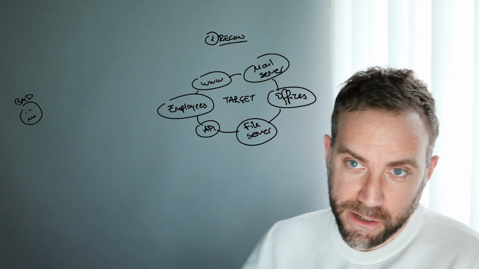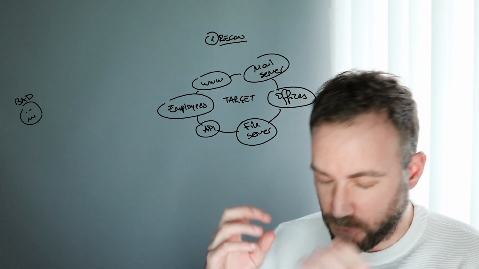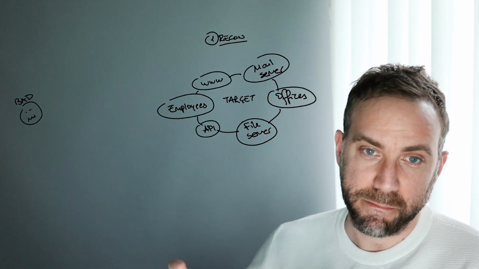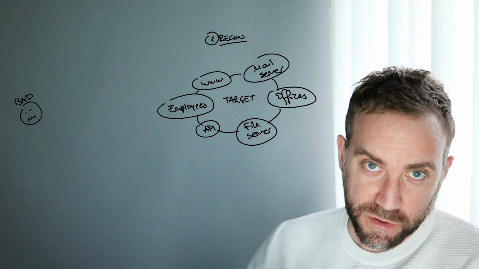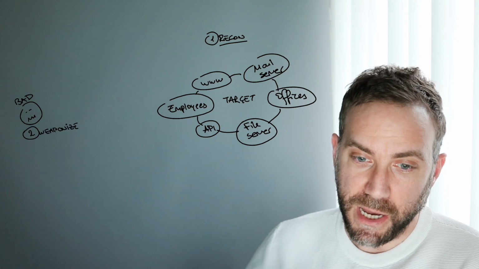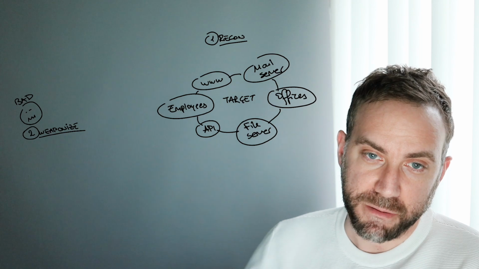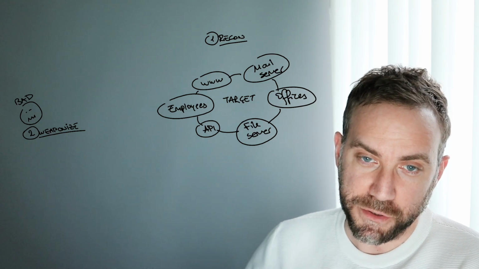So once the attacker has performed the recon and has this clear picture and formed an idea on how they can plan their attack, they'll then move on to the weaponization phase. Weaponization is basically choosing how to target this company and creating the exploits or the malware that they plan to use.